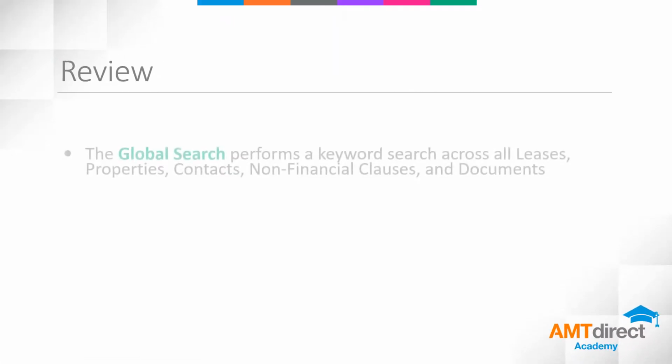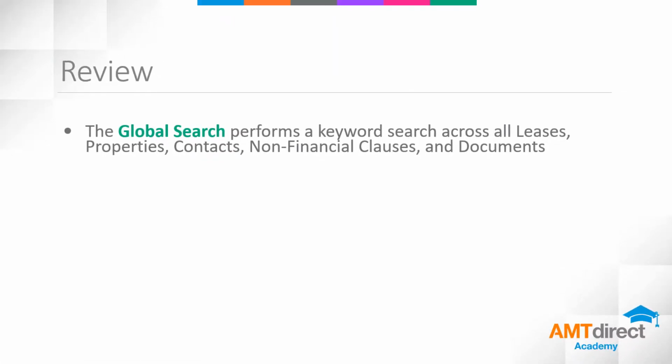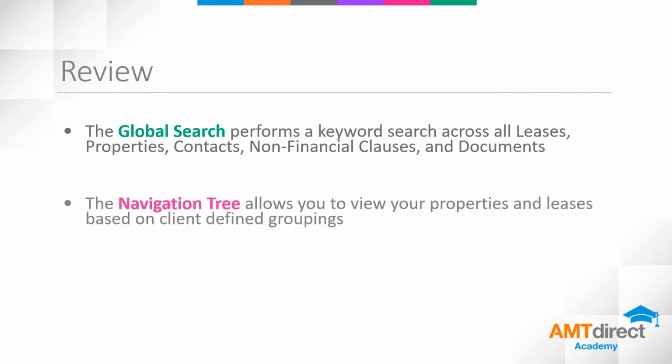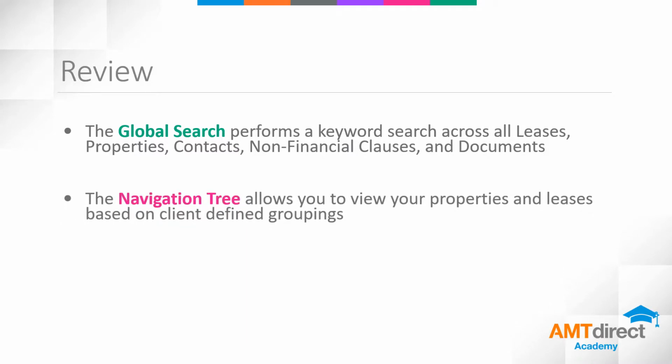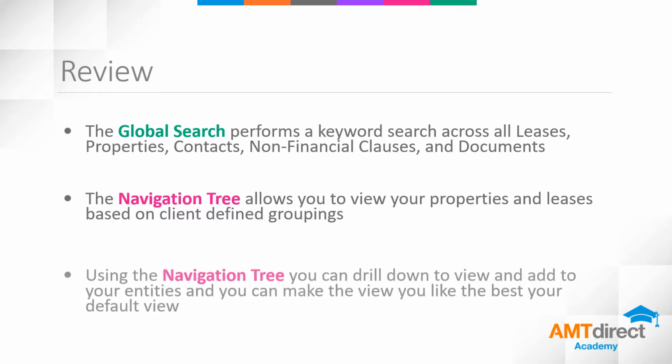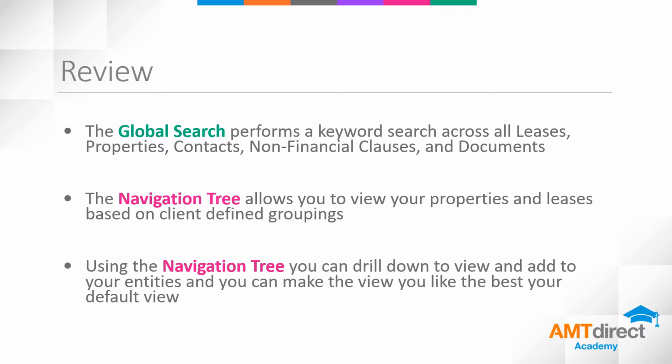The Global Search performs a keyword search across all leases, properties, contacts, non-financial clauses, and documents. The navigation tree allows you to view your properties and leases based on client-defined groupings. You can drill down to view and add to your entities, and you can make the view you like the best your default view.